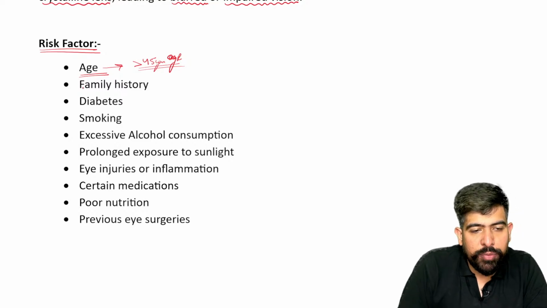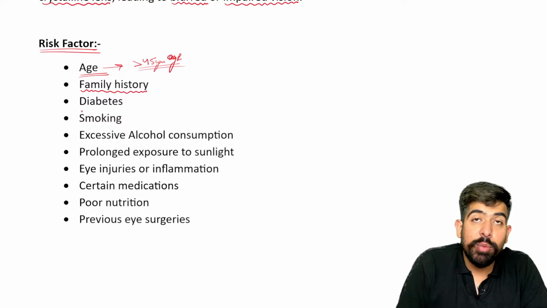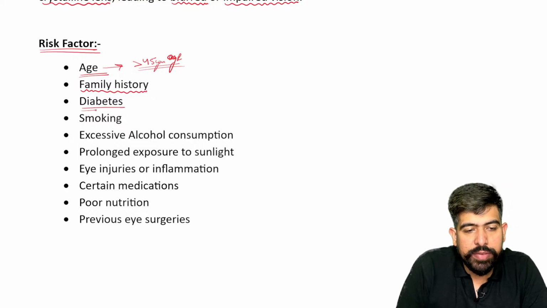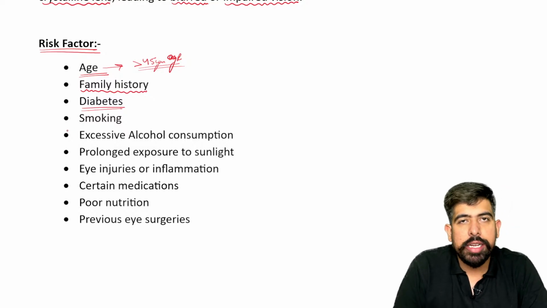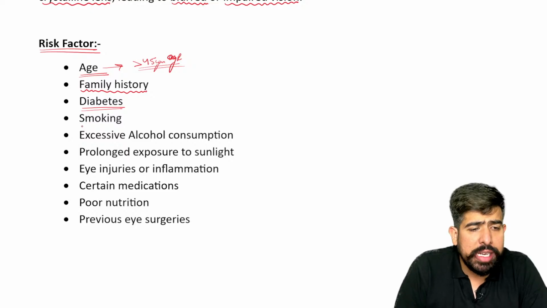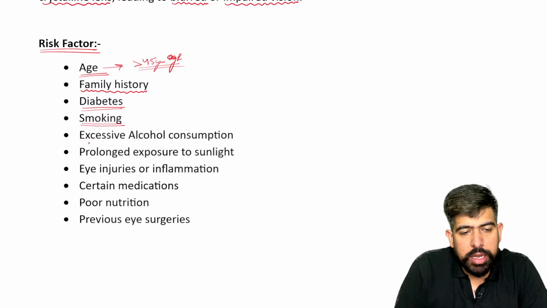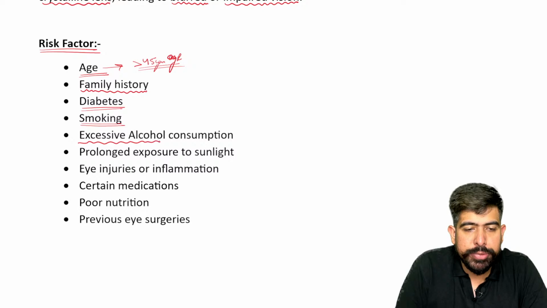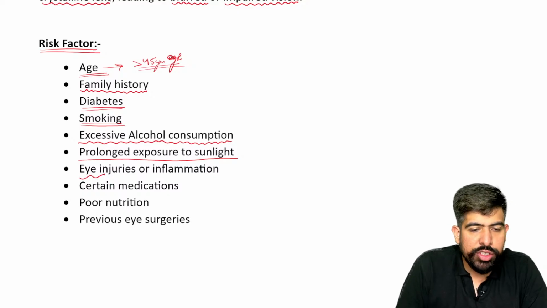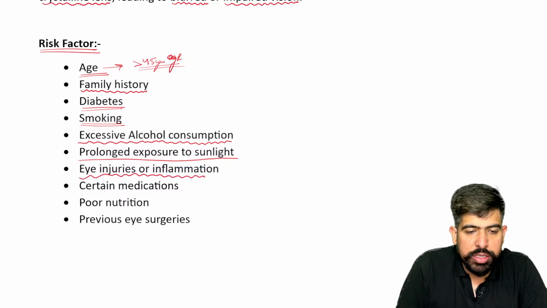Of course, there will be family history, and along with family history there are more risk factors like diabetes. If the patient is diabetic, they can get it earlier or more easily. Smoking, excessive alcohol consumption, prolonged exposure to sunlight, eye injuries and inflammations.